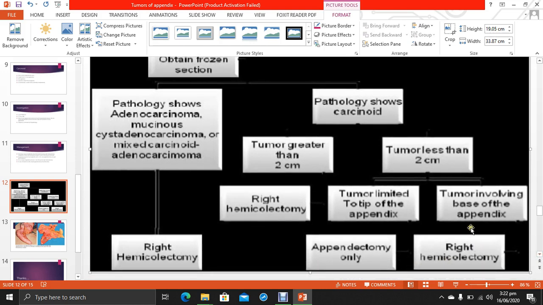Right hemicolectomy if the base is involved, or if these are the types of malignancies. And if the tumor is more than 2 centimeters, only in one condition, appendectomy.